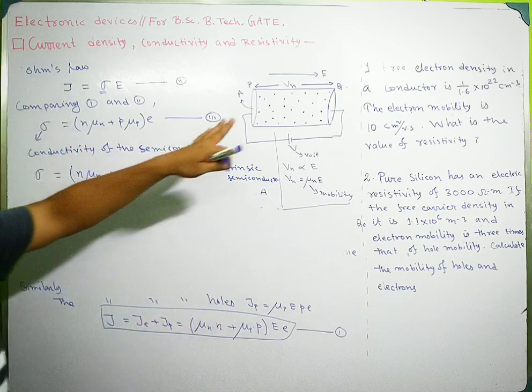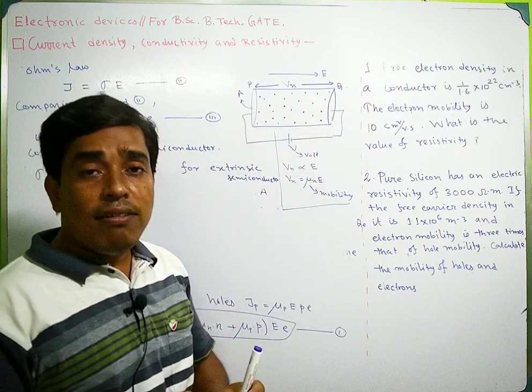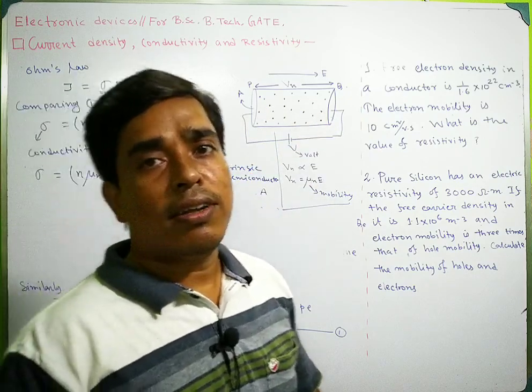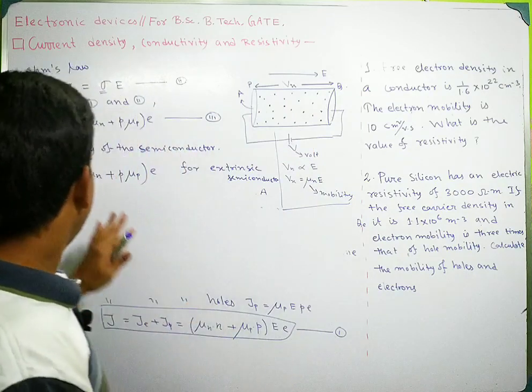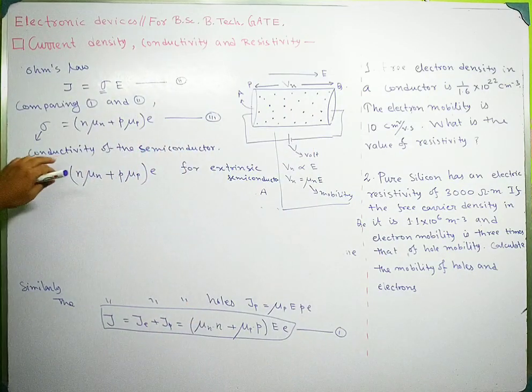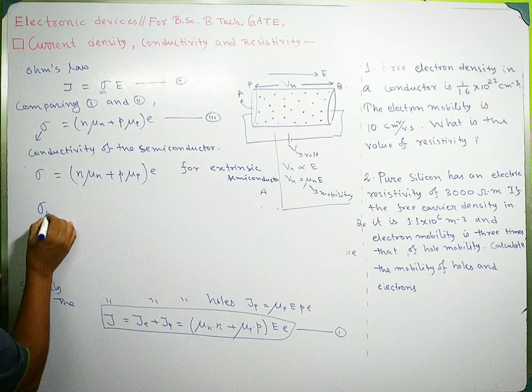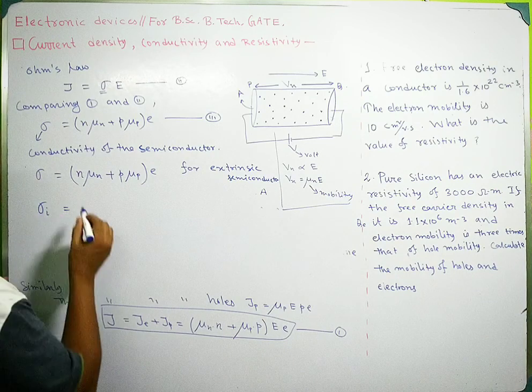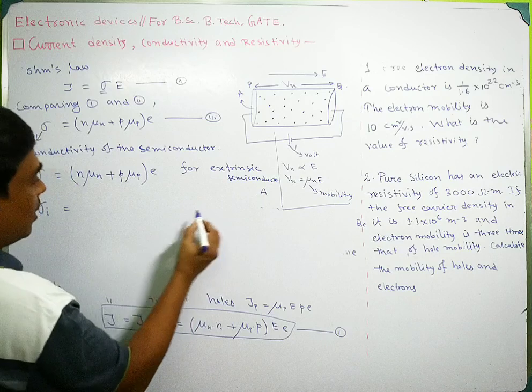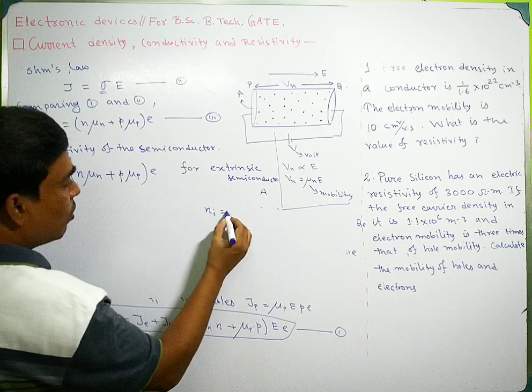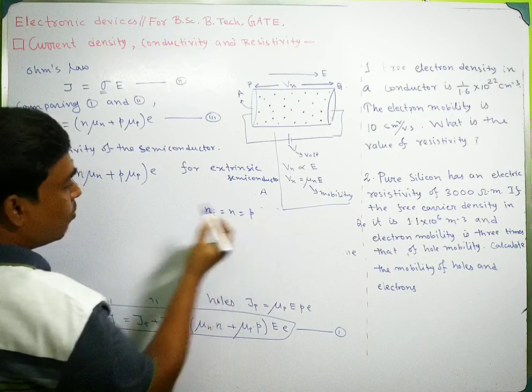If this semiconductor is intrinsic, a pure semiconductor, then what will be the equation of conductivity? For an intrinsic semiconductor, ni is equal to n is equal to p.